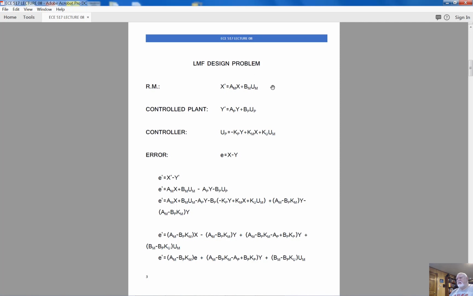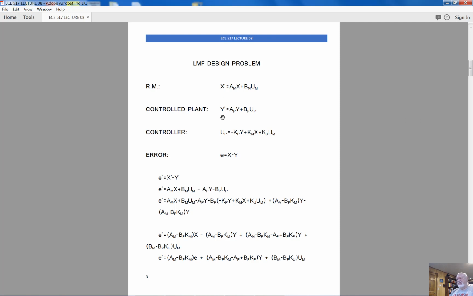It's a state equation. AM is the fundamental matrix of the reference model. And of course, the reference model in this case is a simulator with fixed parameters, because we built the reference model based on the design specifications.